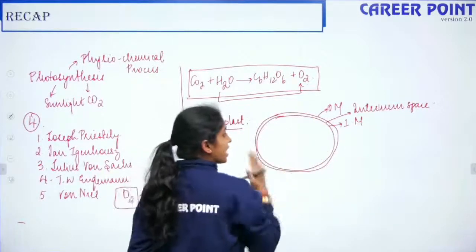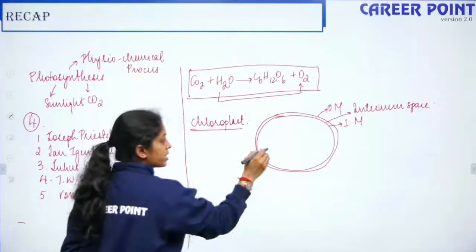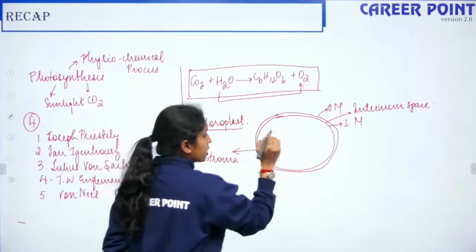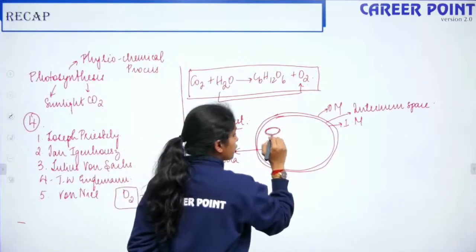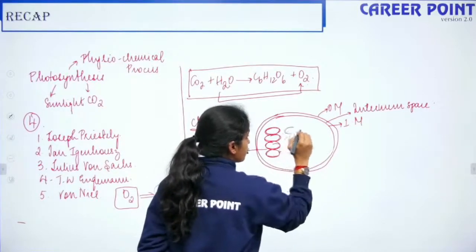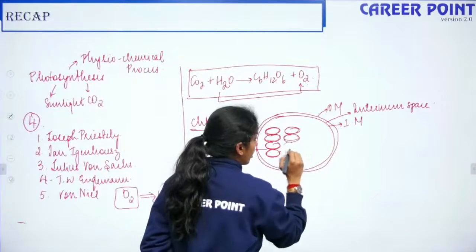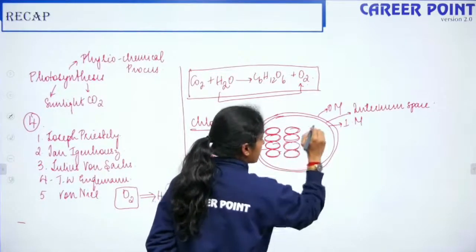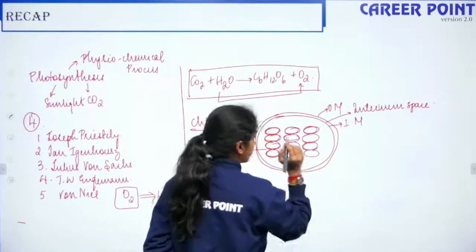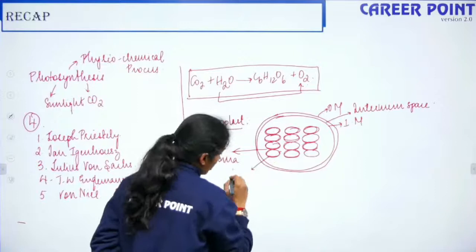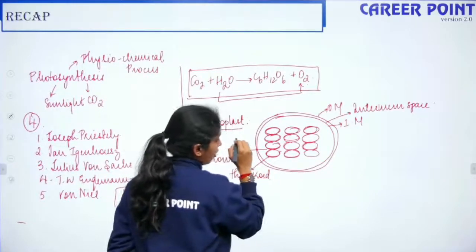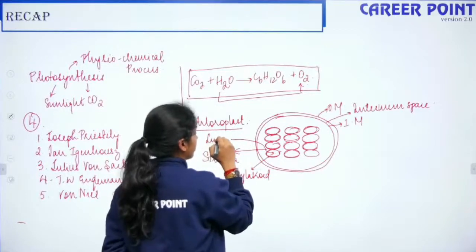The space inside the cytoplasm of the chloroplast is called stroma. Here you have flat dish-shaped structures like this. Each of the flat dish-shaped structures is called a thylakoid. The center portion of the thylakoid is called the lumen.